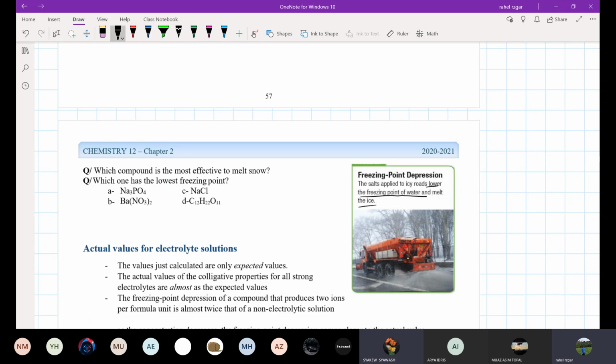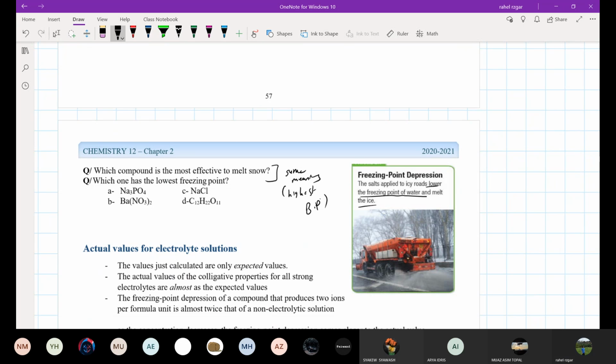So when we say which one is the most effective to melt snow, it means the same thing. We can also say which one has the highest boiling point, as we have studied before. Highest boiling point, it's the same thing.